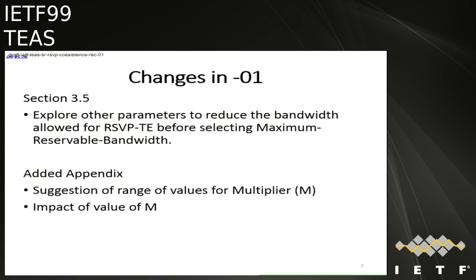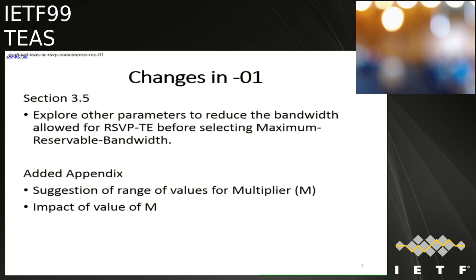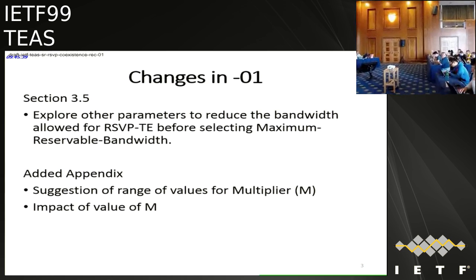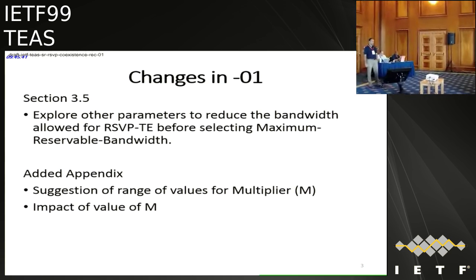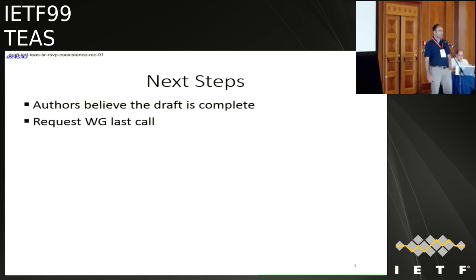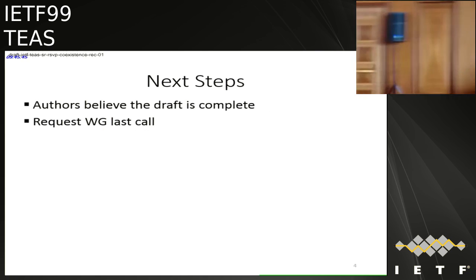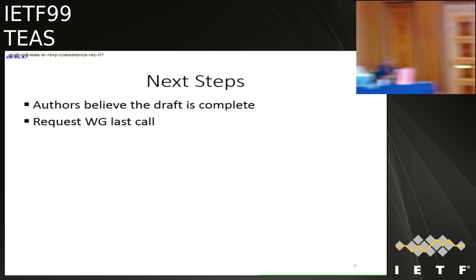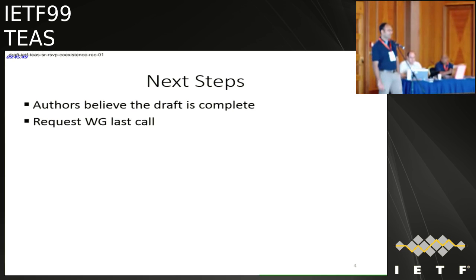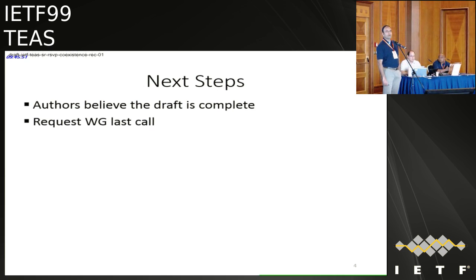We had introduced this concept called multiplier in the draft, so we had an appendix which offers certain suggestions on what values you could use for the multipliers and what impact it has depending on the values of the multiplier. At this time, we feel there aren't any updates left in the document, and we just request working group last call for the document.